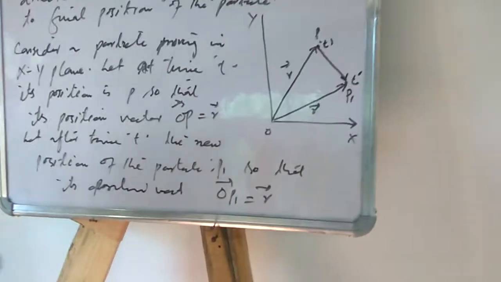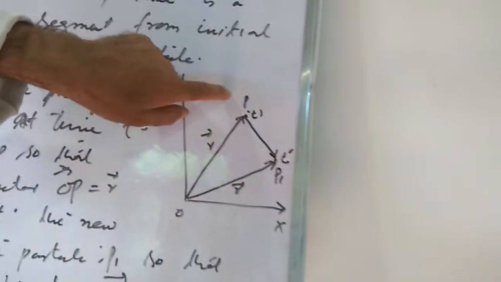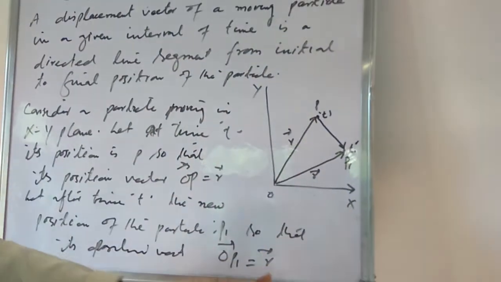So dear students, at time t the position of the particle is P, so its position vector is OP, and after time interval t dash, the particle moves to new position P1, so its position vector is OP1 is equal to R1.